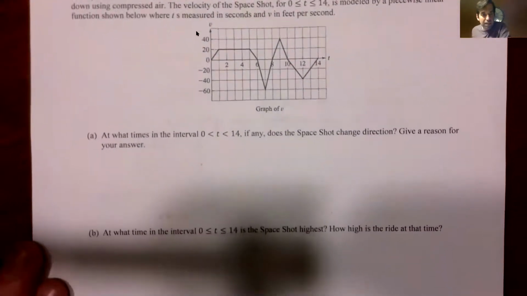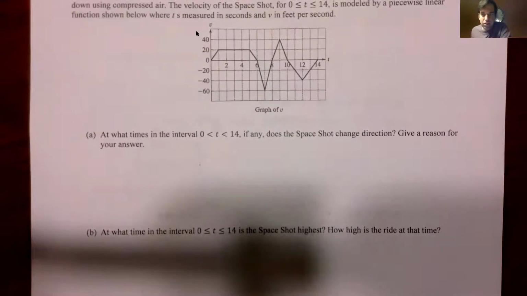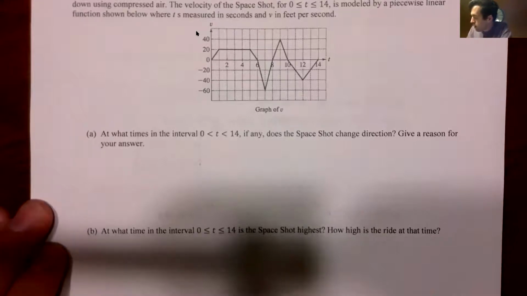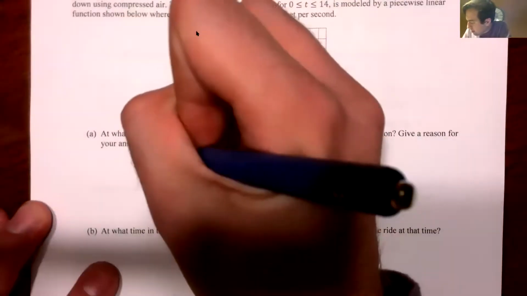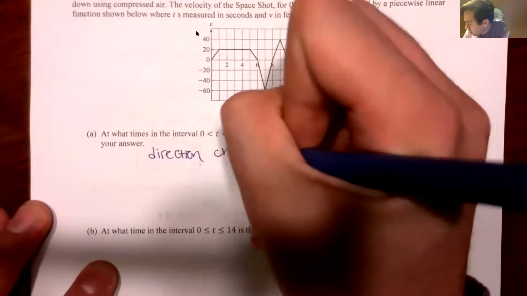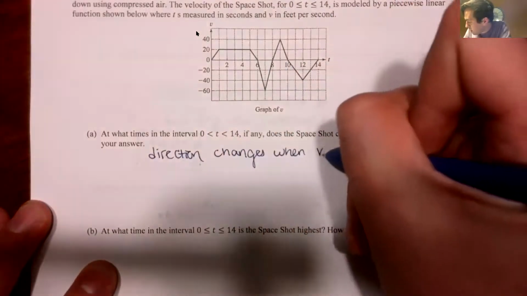So part A, at what times in the interval from 0 to 14, if any, does the Space Shot change direction? Give a reason for your answer. And this, similarly to example 1, we can discover by thinking that the direction changes when the velocity changes sign.